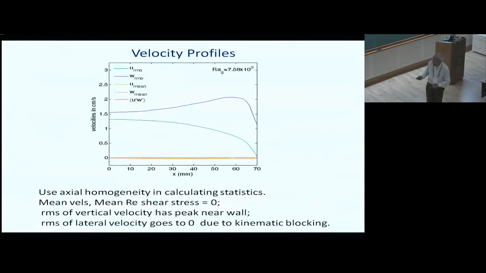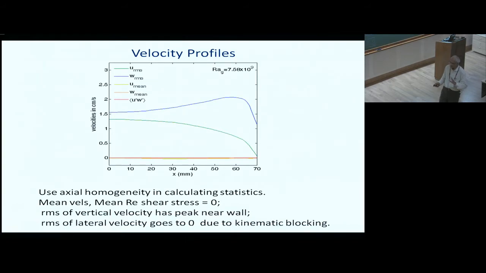And this is what you get. Of course you use the axial homogeneity to calculate the statistics, because to get the fluctuating velocity field you need a lot of data. So the mean velocity is 0, as it should be. Both the mean vertical velocity and the mean horizontal velocity are 0.